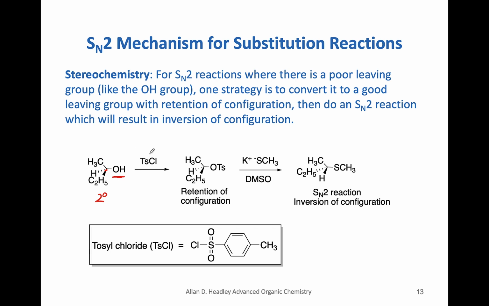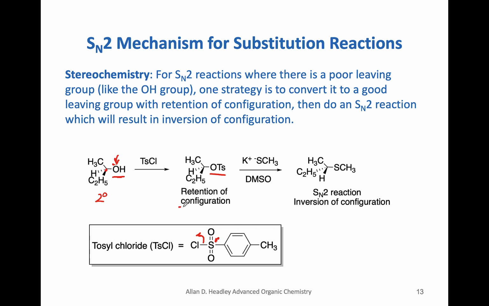So here is a strategy around that. Tosyl chloride. Here's a tosyl chloride. So this OH here will react with this sulfur, kicking out that, to create this as another molecule. Notice the configuration here is retained because the reaction takes place only on this oxygen, not on that carbon.